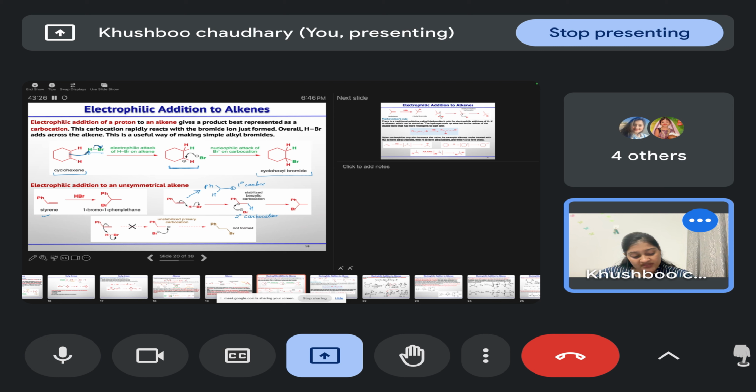As we know, a secondary carbocation is more stable than a primary carbocation, so the major product will proceed through the formation of the secondary carbocation. Once the secondary carbocation is formed, the bromide ion will attack it, leading to the formation of this more substituted bromide. And this unstable primary carbocation will not participate in the reaction. Is this clear?